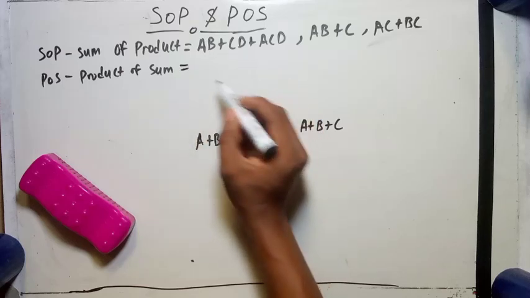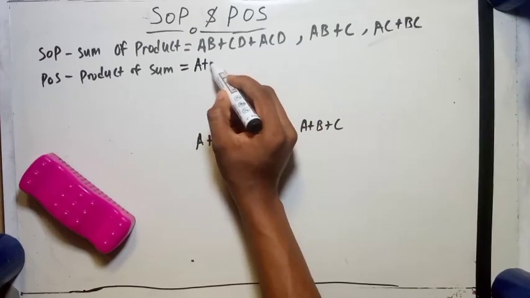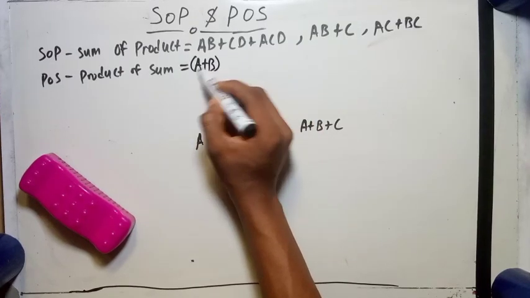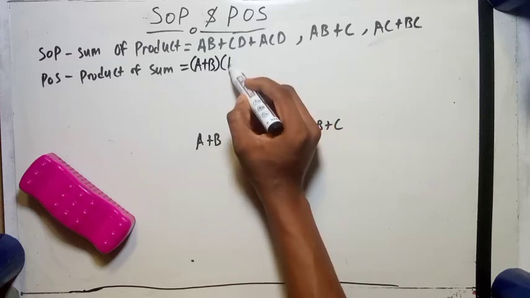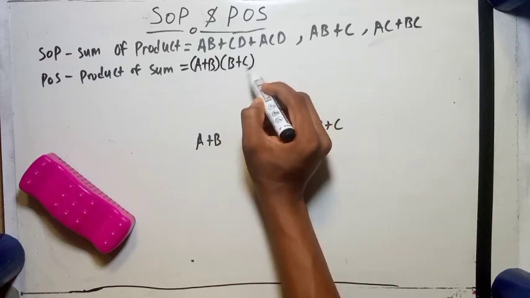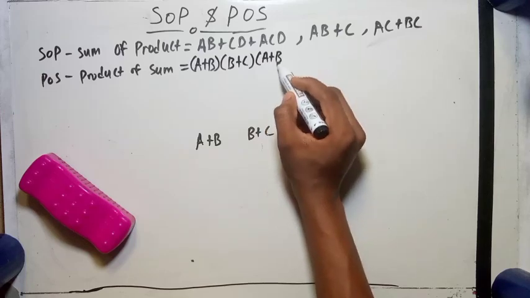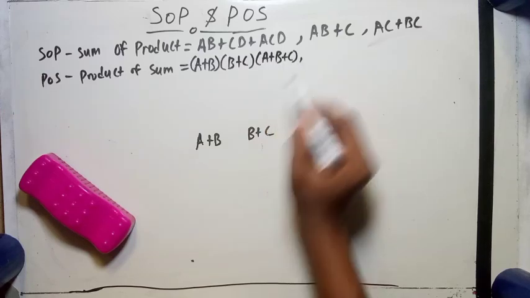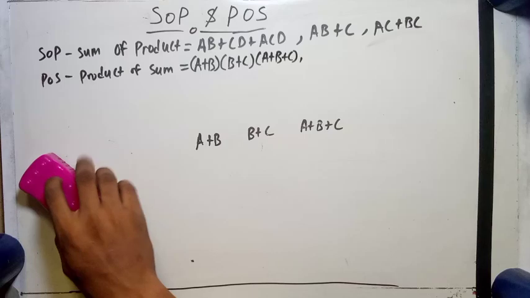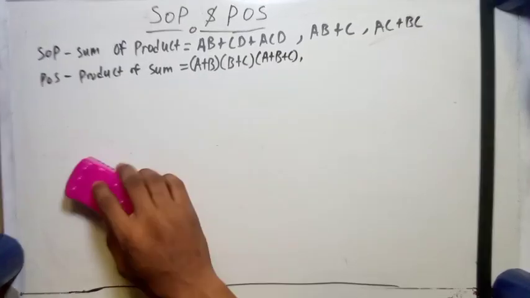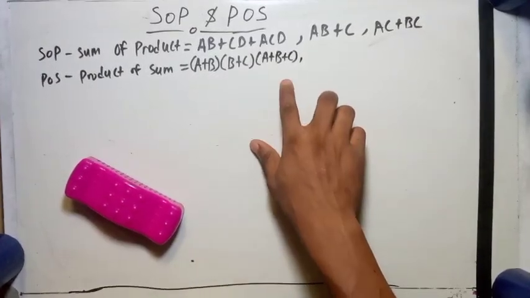So in this case, we can be having something like (A plus B) multiplied by (B plus C) multiplied by (A plus B plus C). Now this is your what? POS. This is your what? POS.